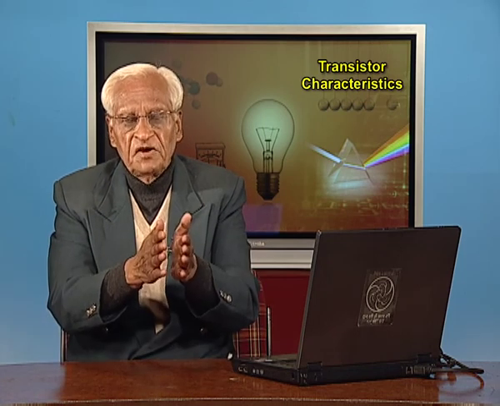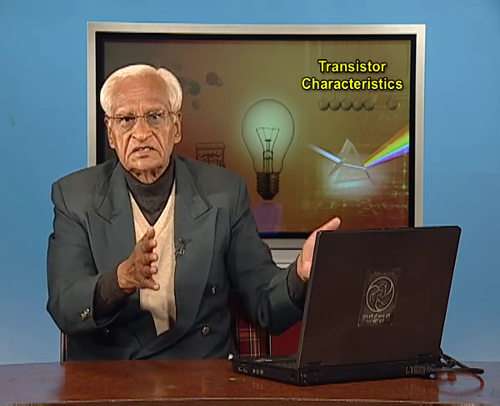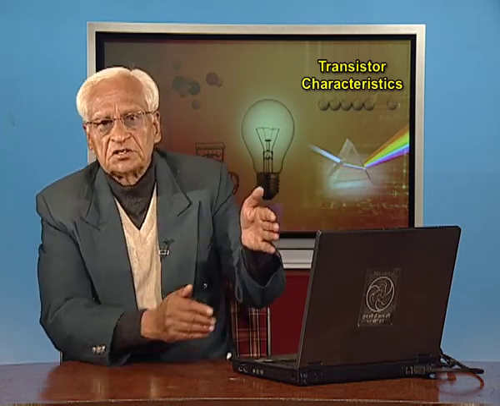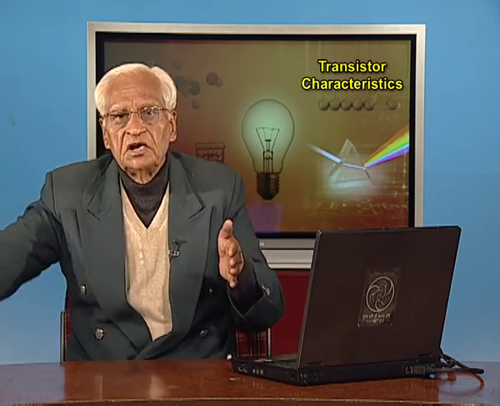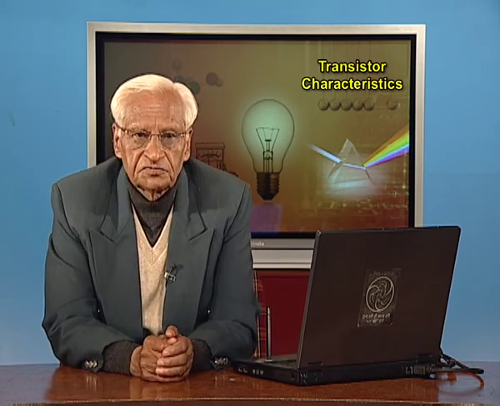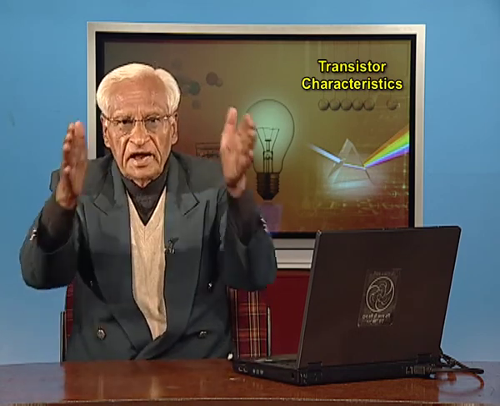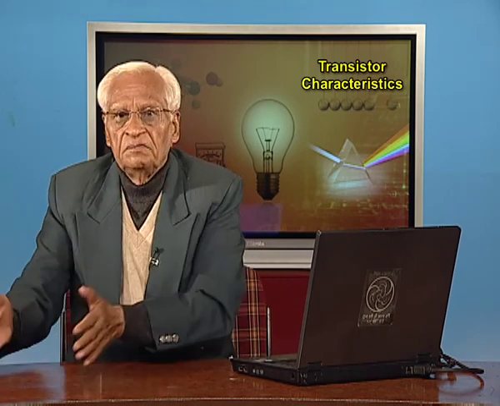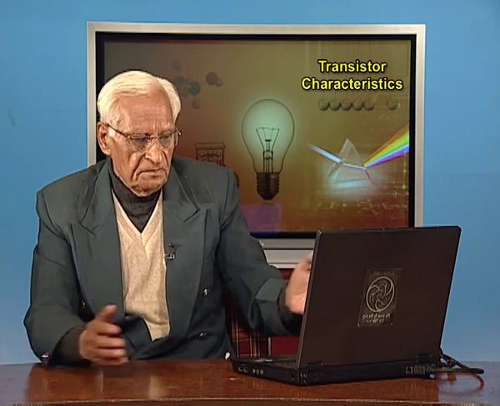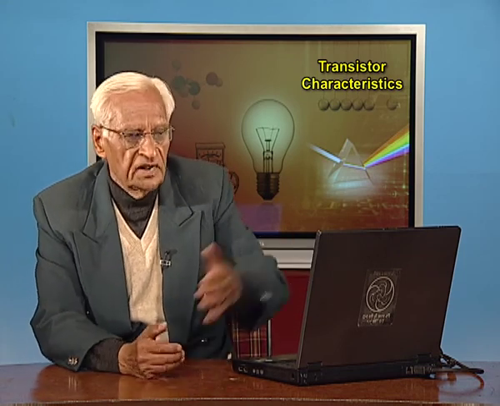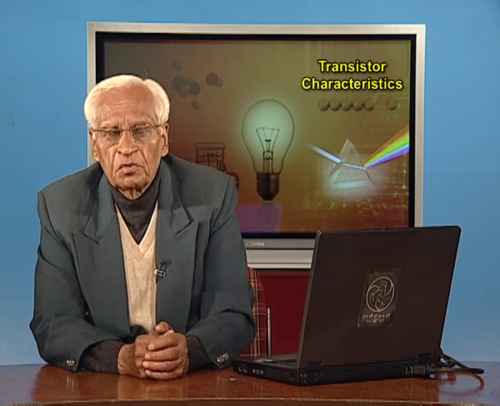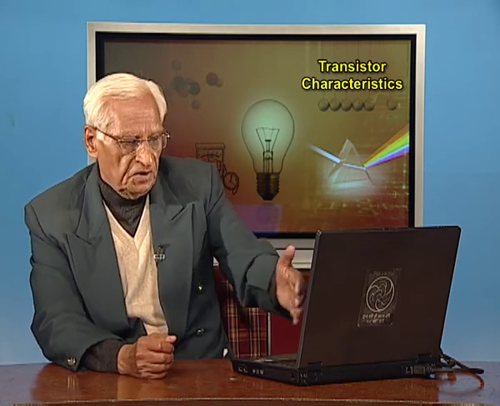A common base amplifier is used as an impedance matching device between the device from which the power is to be transferred and the device to which the power is transferred. So between these two we have this common base amplifier for the purpose of matching impedances, and the common emitter amplifier is used in many other places, for many other purposes. It is more popular than the common base and the common collector amplifier.